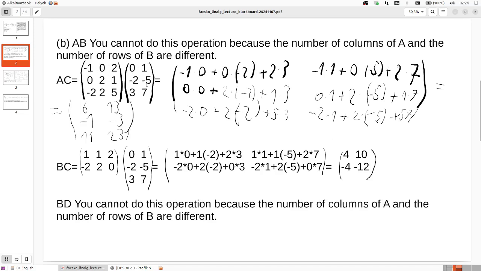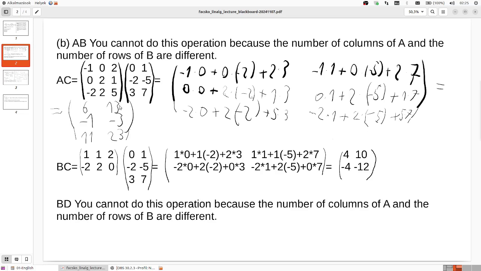This and this, this and this, this row and this column. So this element, this row and this column, this element, this row and this column.